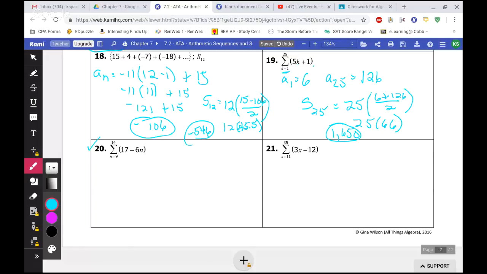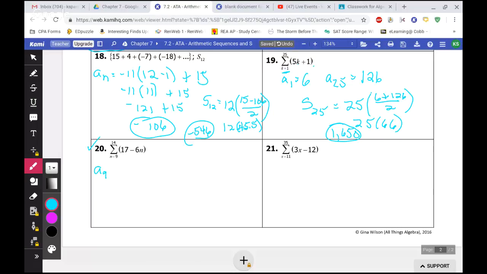Now you'll notice on the next one, it starts at 9. So you need to find the value at 9. So let's see.